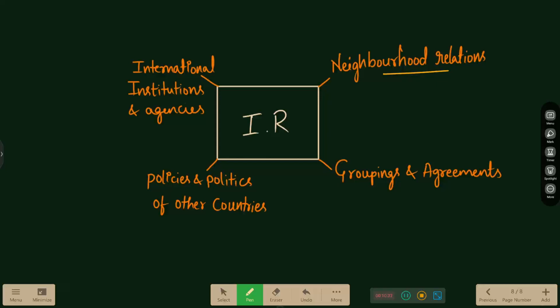And you also need to know bilateral, regional, global groupings and their effect on India. And also bilateral and multilateral agreements which India has signed with other countries. You need to know what is the impact of these groupings and agreements on India.